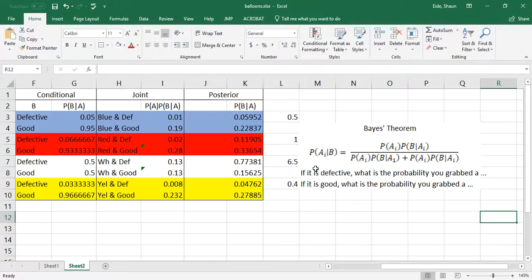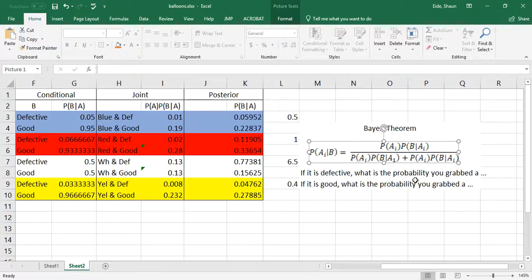And so for those of you who prefer to do this in the long equation, you can just know that there's not necessarily going to be just two joint probabilities in the sum down here in the denominator. In this particular situation, there are 4 joint probabilities in the denominator and only 1 in the numerator.